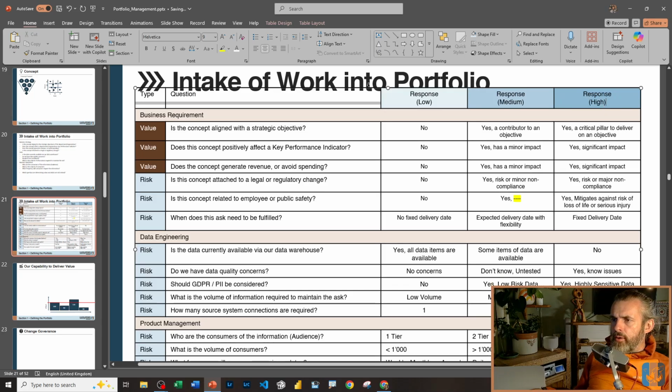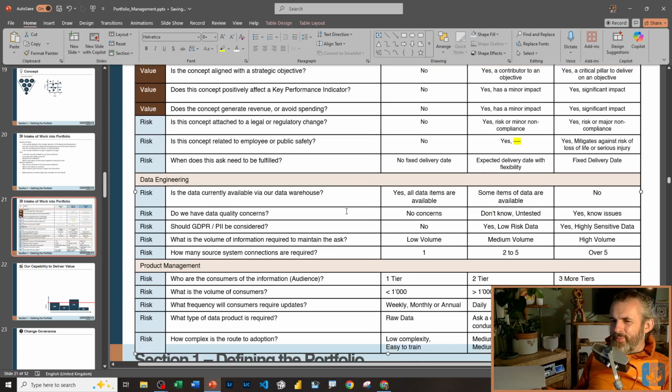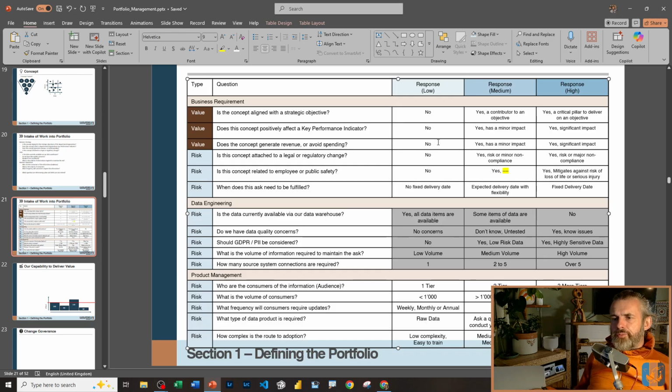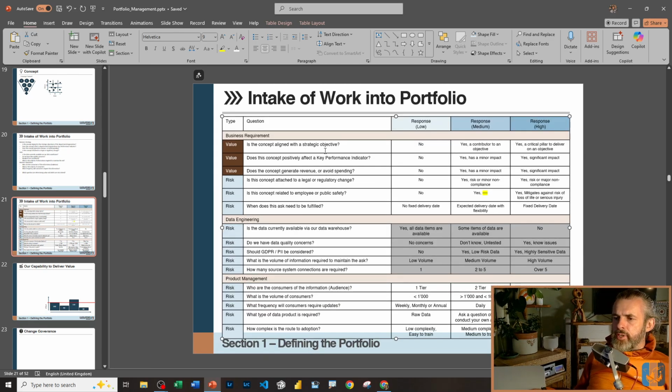Okay, so we've got a bit of a problem with the fact we can't get it to fit on the page. But that aside, that's looking pretty nifty, I would say, because for our intake of work into the portfolio, we have a series of questions that determine our value score and our risk score.